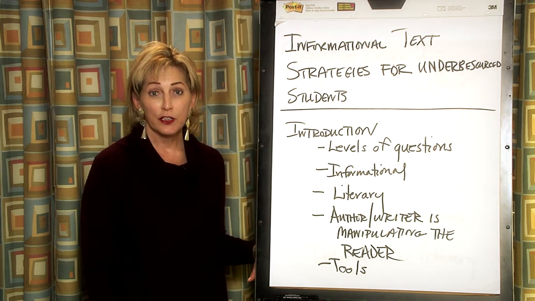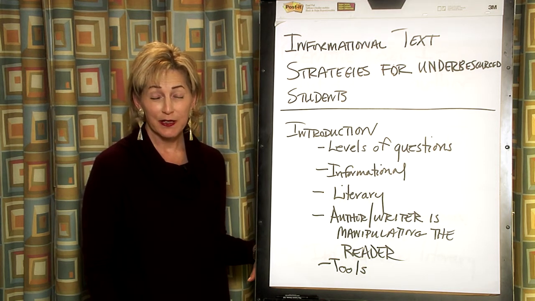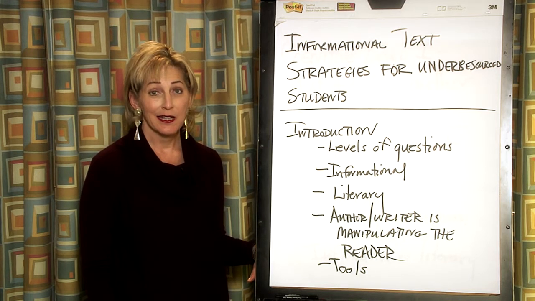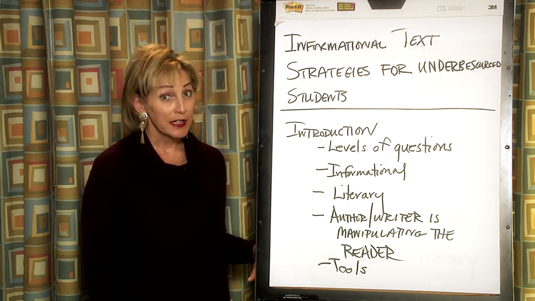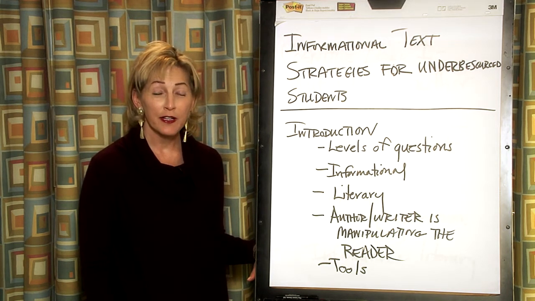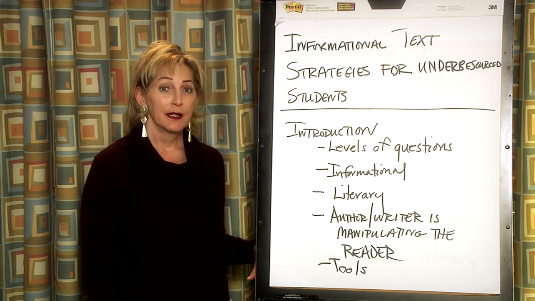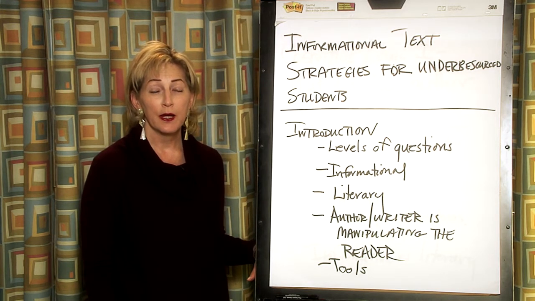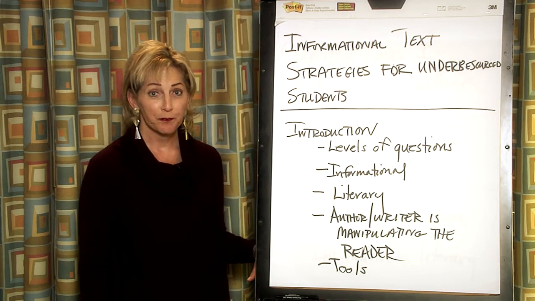So we are going to spend time there. The other item that needs to be mentioned is simply this. As students get into more sophisticated texts, they are actually a combination of literary and informational because they often embed stories, other kinds of literary things in order to enhance the experience for the reader.